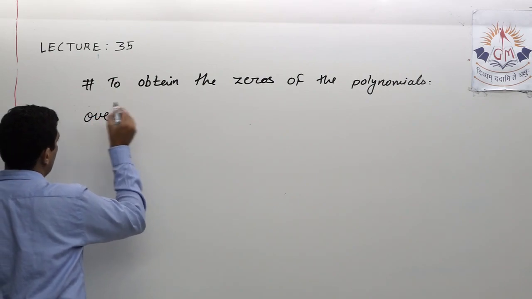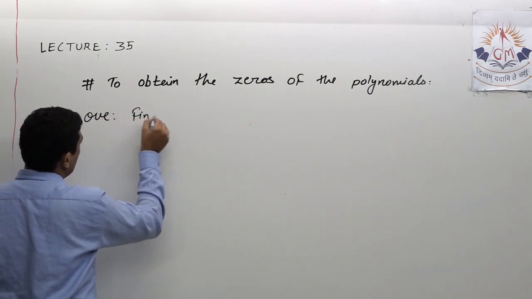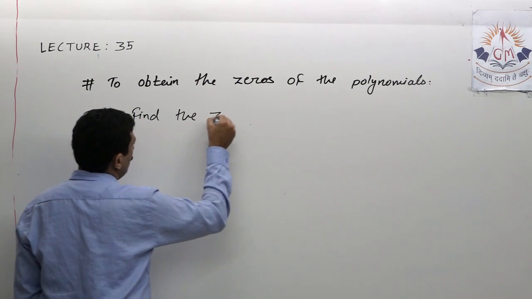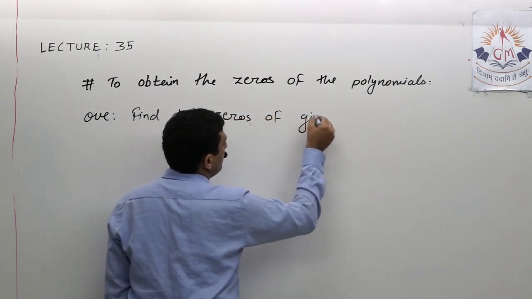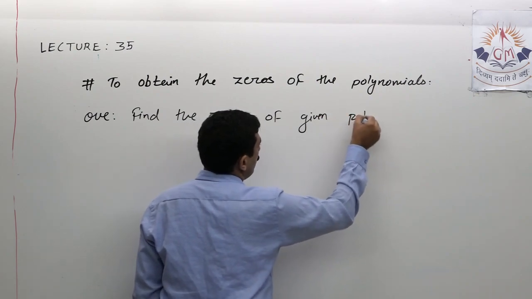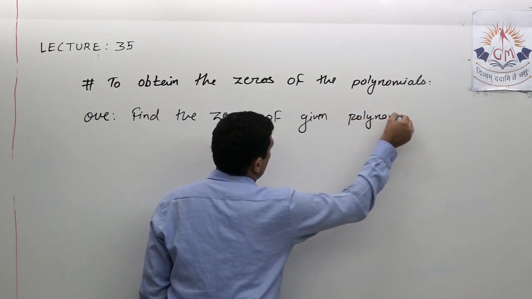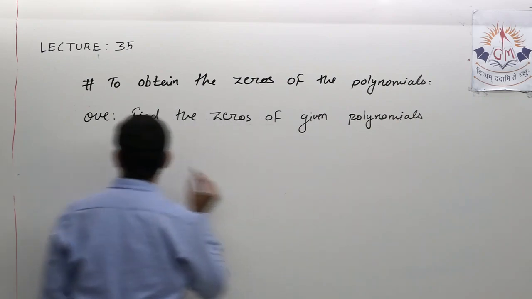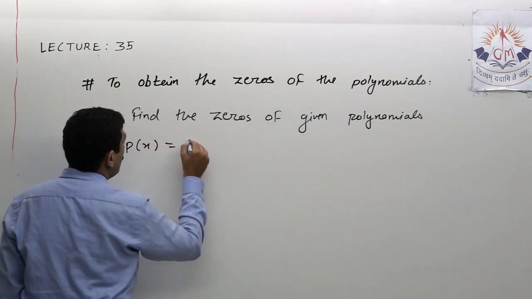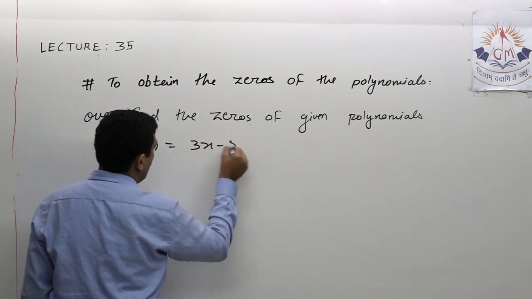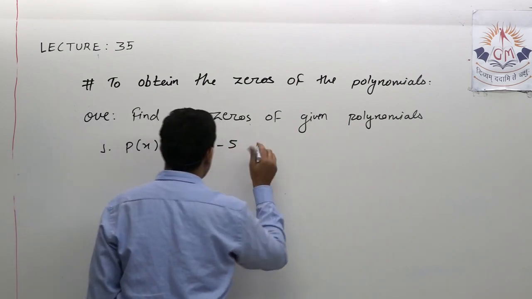So the question is, find the zeros of the given polynomials. Find the zeros of the given polynomial. In this, suppose the first one is 3x minus 5.